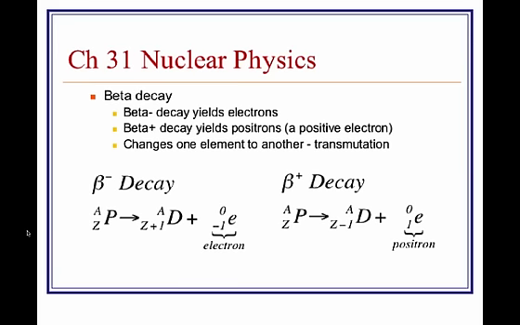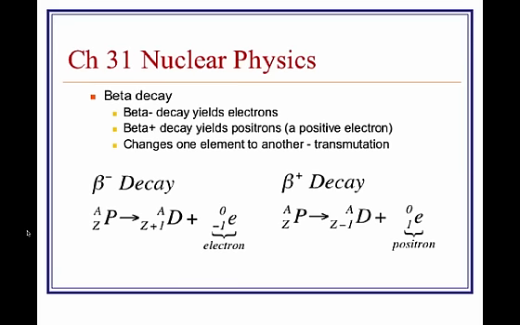Then there's beta plus decay. What it does is it decays into a positron. So the number of protons, or the positive charge within a nucleus, decreases by 1, and you end up with this antimatter particle, which will then very quickly annihilate with an electron. So this is the difference between beta plus and beta minus decay: the type of charge produced and the resulting charge of the nucleus.